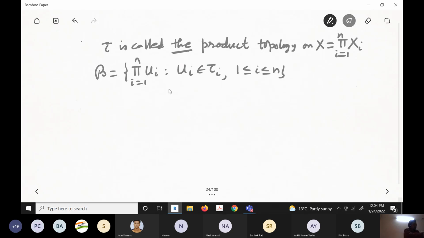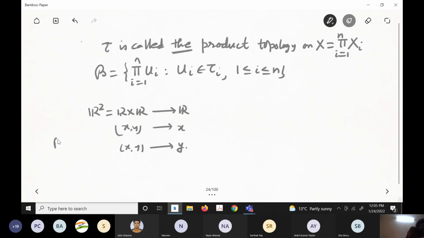Now the next thing which is important, like I told you last time, like R square to R, you have the projections. That means if you take X, Y, this is called the first projection, and the second projection is this.